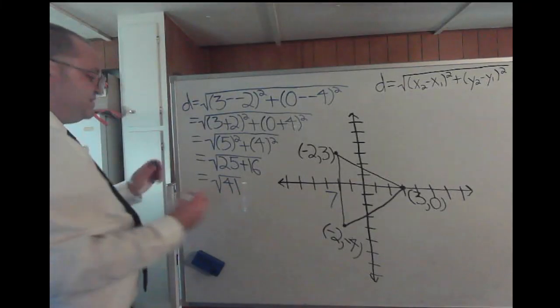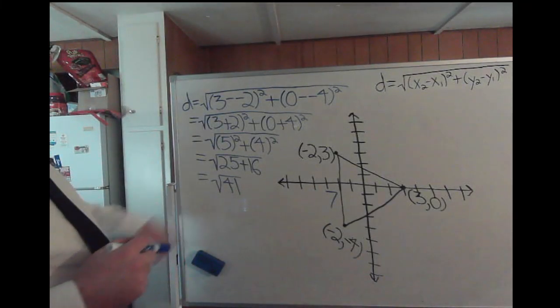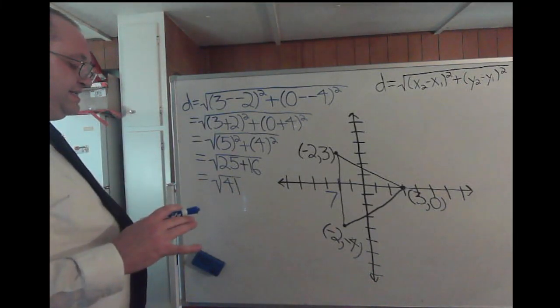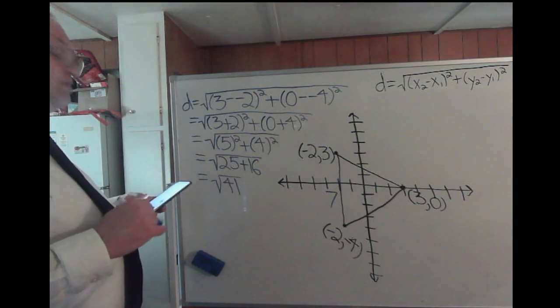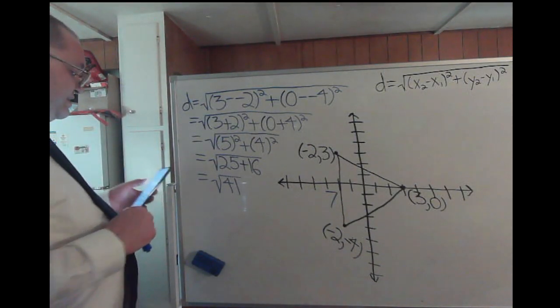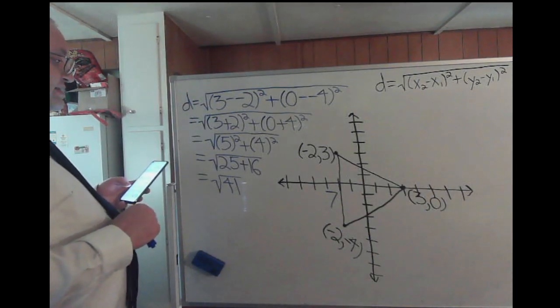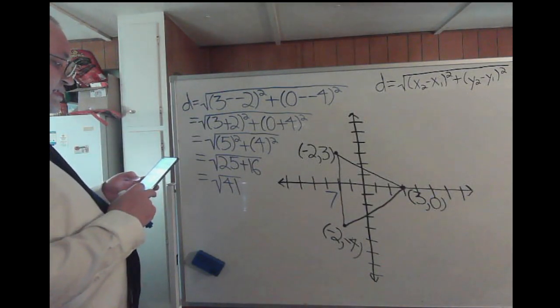I think it's safe to say the square root of 41 is definitely not a perfect square, which is okay. We can use our calculator. We'll round the result to the nearest hundredth, to the nearest 2 decimal places.